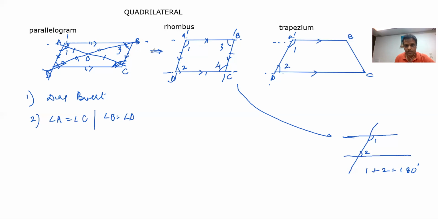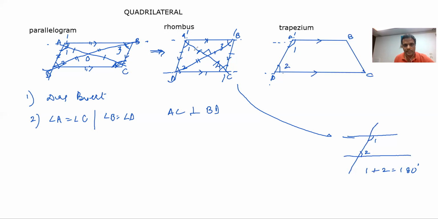Unlike in rhombus, let me draw the diagonals here. The diagonals again bisect each other, but they bisect at 90 degrees, which means AC is perpendicular to BD. AC is perpendicular to BD. This is the difference between a parallelogram and a rhombus.